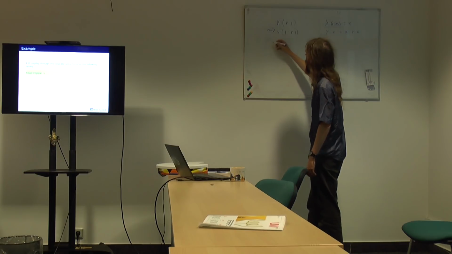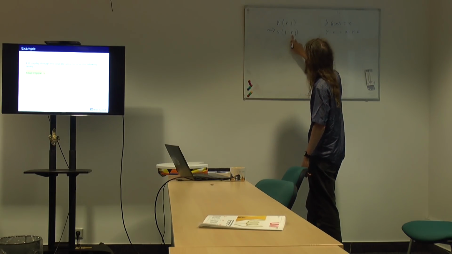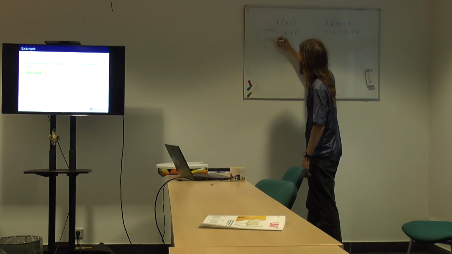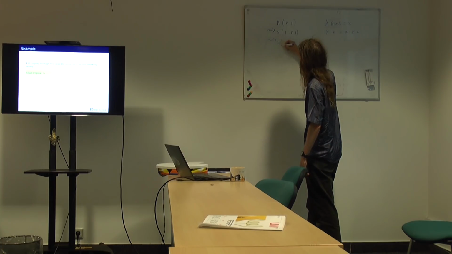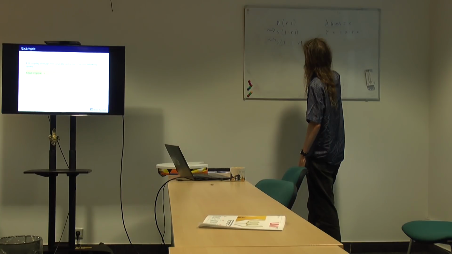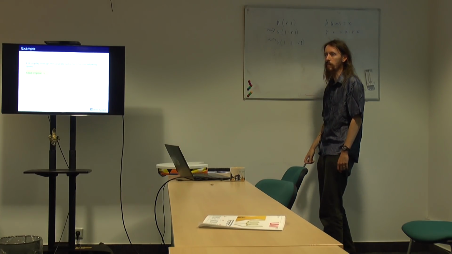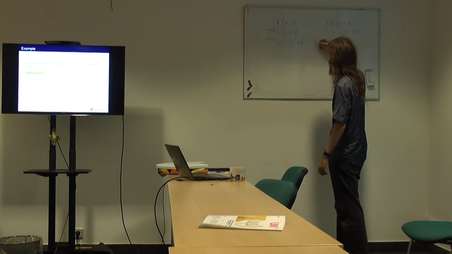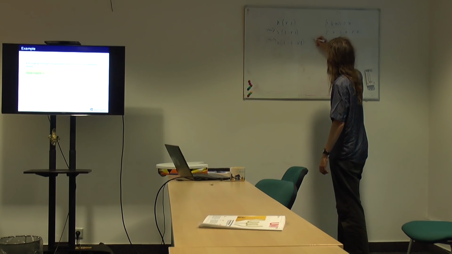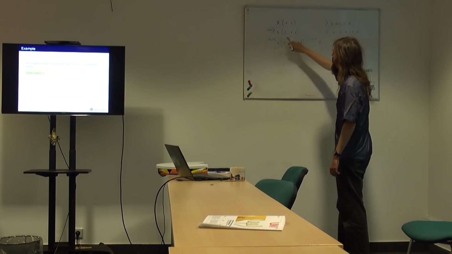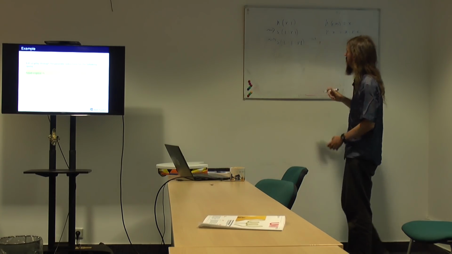If we pick repeat, then we're going to get 1 cons repeat 1, and that line of evaluation is going to go on forever, of course. Or alternatively, we could choose to reduce the head at this point, and that reduces immediately to 1, using the definition here.